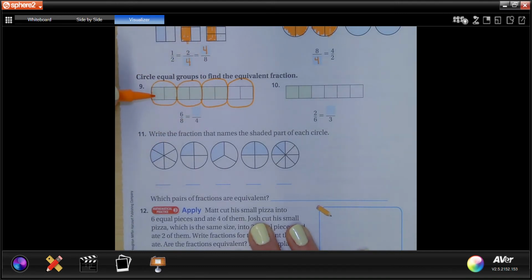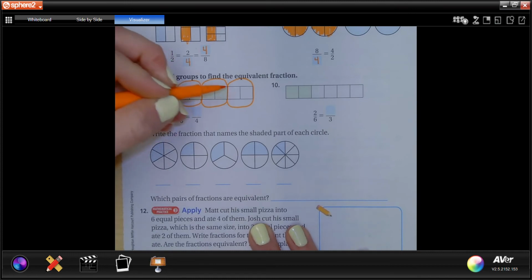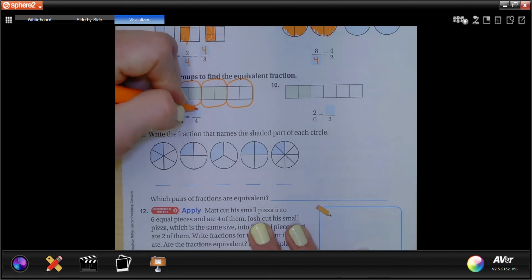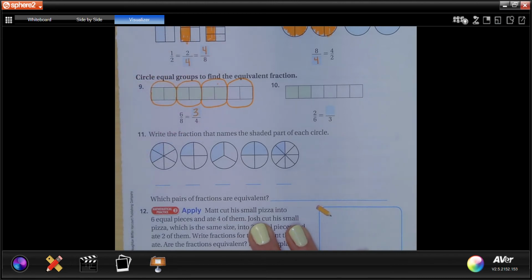Is that correct? There's 2 in this group, 2 in this group, 2 in this group, and 2 in this group. Yes. So, how many are shaded out of the 4 groups? 1 group is shaded, 2 groups are shaded, 3 groups are shaded. So 3 out of 4 groups are shaded. So 6/8 is equivalent to 3/4.